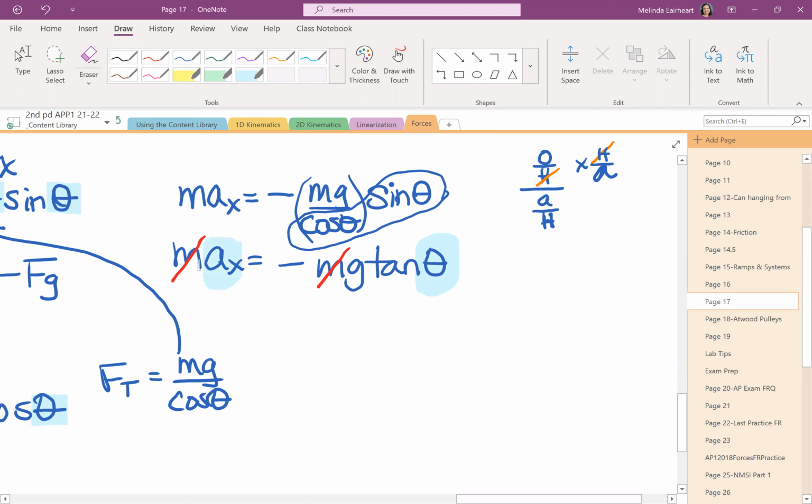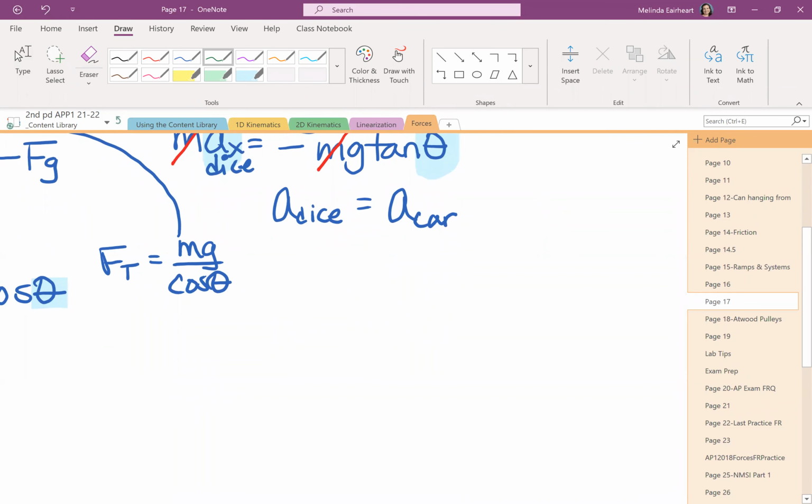Hopefully somebody's been wondering, they gave us that car information and we haven't used it yet, right? Here's where we're going to switch over and use it. Remember that this is the acceleration. This is a FNet statement for the dice, okay? But the acceleration of the dice, we said, is dependent on the car. So now let's take a look at the car's force diagram.